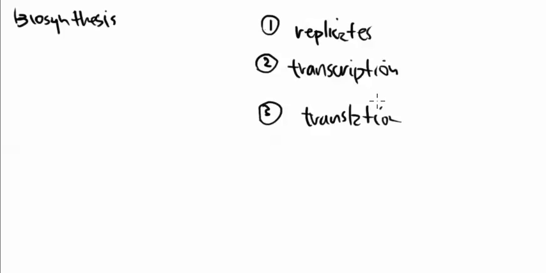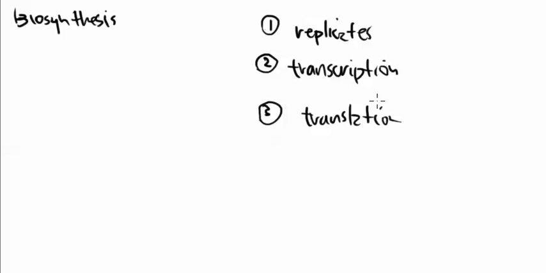So three versions here. It replicates itself to clone it. It transcribes a message to do something. And then it has to translate that message to do something different. Those are the three priorities, and that's the order in which we're going to talk about these.